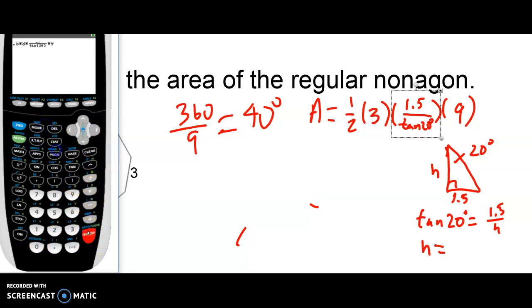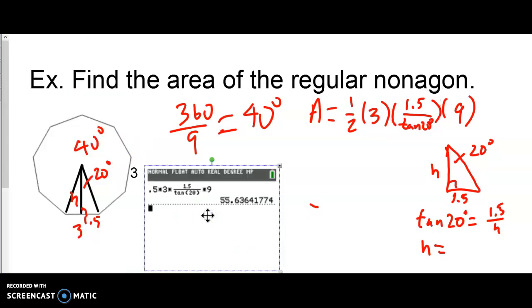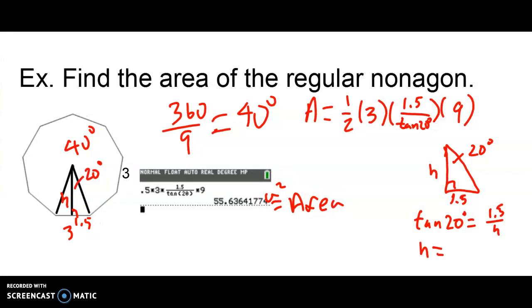So I get my area should be about 55.636 square units. And so my area would equal this many units squared. And that's that.